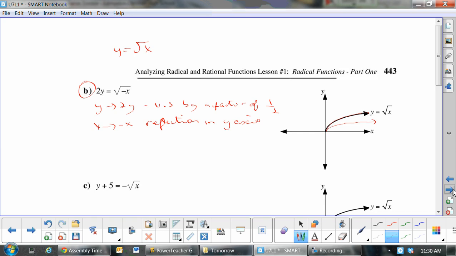Now, I will do a reflection on the y-axis. So then I will have something that looks like that. What's the domain? X is less than or equal to 0. What's the range? Y is greater than or equal to 0. Now, does it make sense that x's are all going to be negative? Look at my equation.